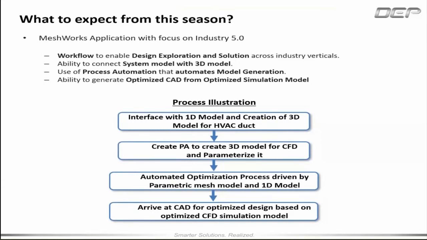This is going to be a very important part of design exploration. And today we've made an attempt to share our experience with you on that side and how process automation is very important so that it forms a bridge between those two. And also we want to present you the benefit of how easy it is to create process automation in MeshWorks.